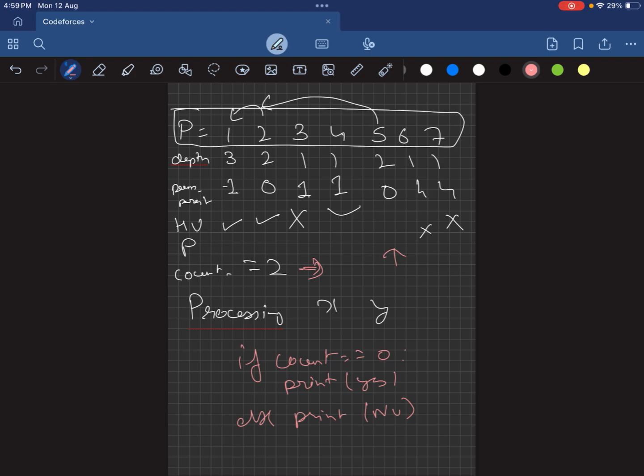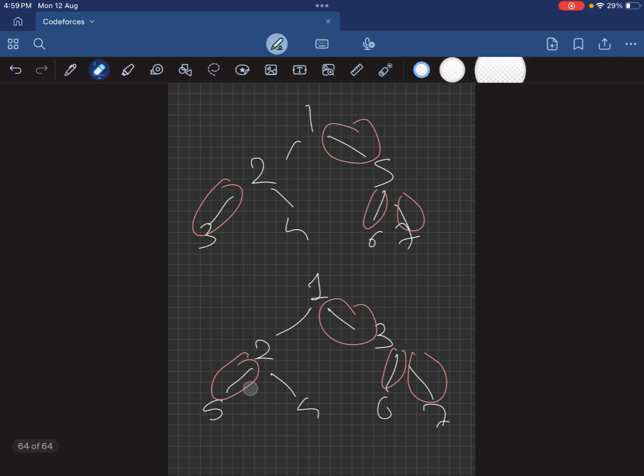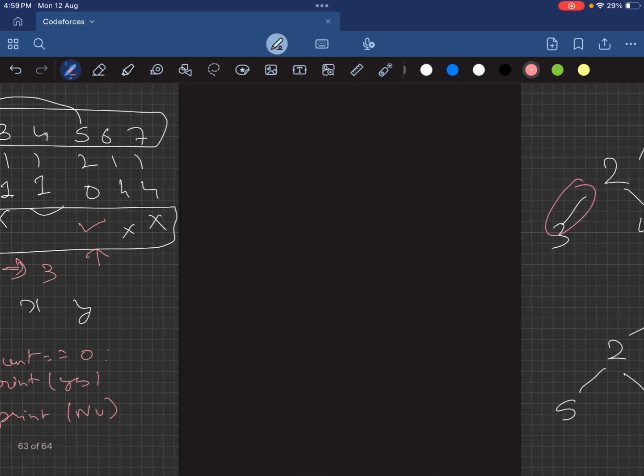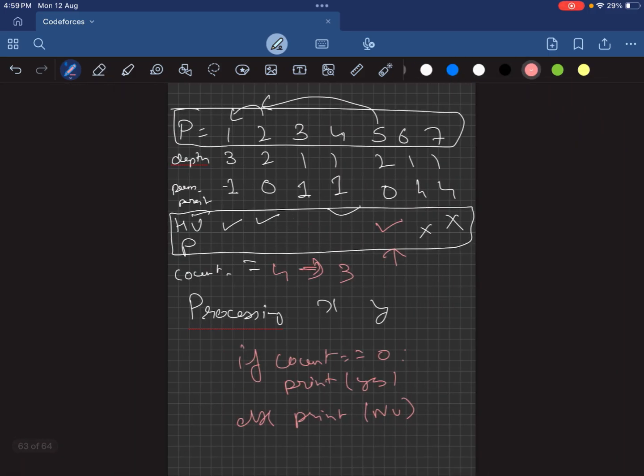Initially this position was false, but now it becomes true. So initially the count was 4. Due to this it will become 3. Now look at 1 comma 3. The valid parent of 3 is 1, so even this gets handled. This becomes correct and the count drops to 2.